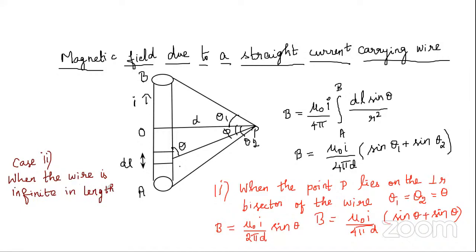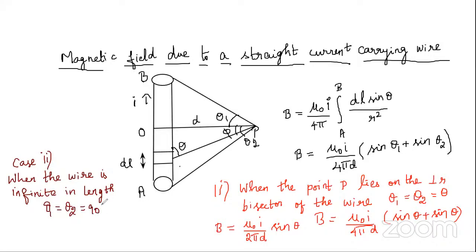Theta 1 and theta 2 will be equal to 90 degrees. So sine 90 degrees, and this d you can consider as the small letter r.